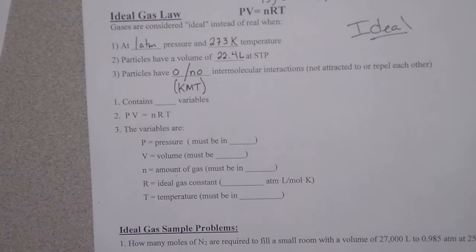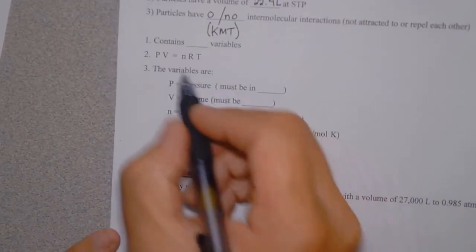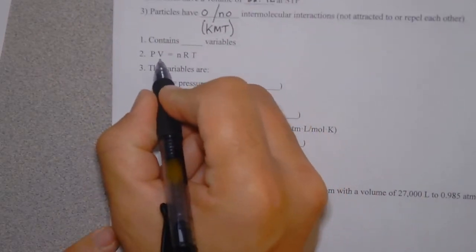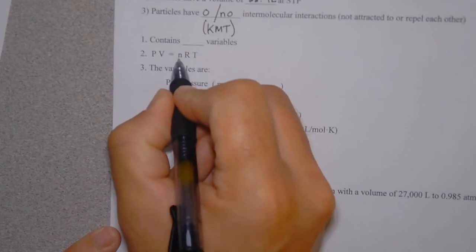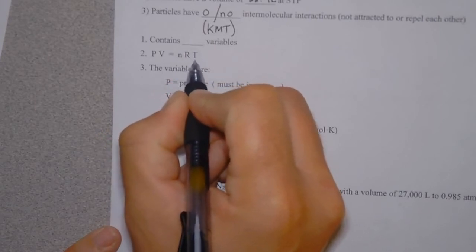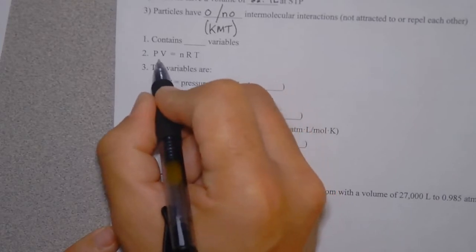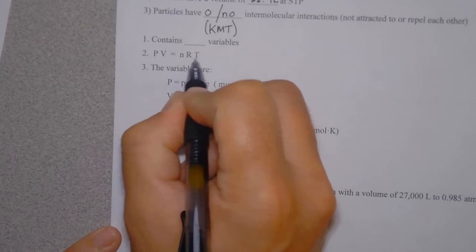We've learned that most all atoms have some type of force on another molecule, but in this case, we're thinking that they don't. Okay, so because of all this, we can get pressure times volume equals the amount of moles times R times T. This R we've got to talk about. T is temperature. Okay, so these multiply together equals all of these multiply together.